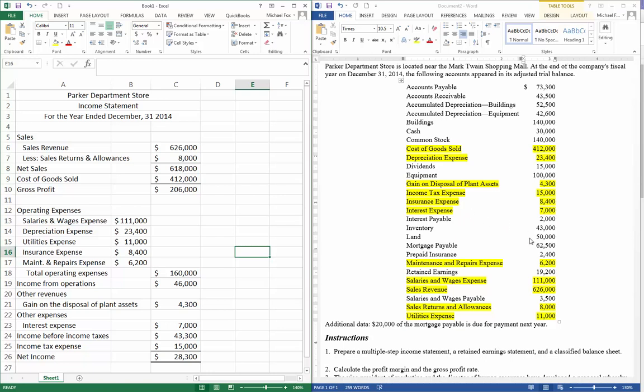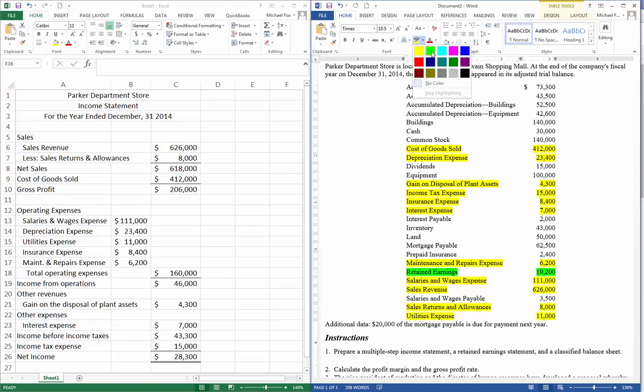This says this is the retained earnings at the end of the period. And were there any dividends? Yep, there were dividends. We know those will impact our retained earnings.